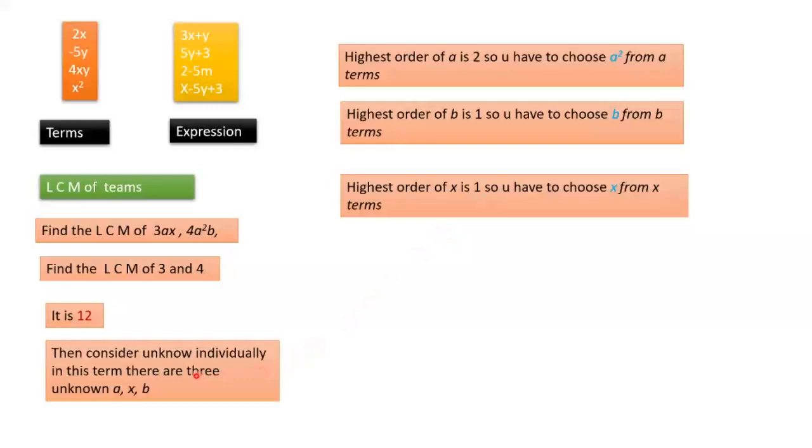Now again, let me revise what I told. When you have terms to find the LCM, first you find what? The numbers. Then find the LCM of the numbers. Then what are you supposed to do? You figure out the unknowns individually. Then find the highest order of those unknowns.